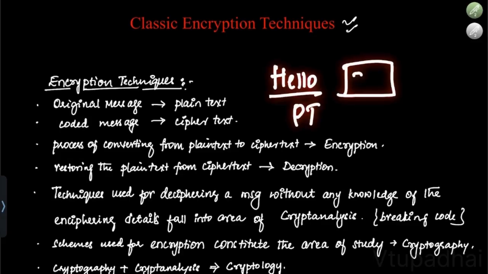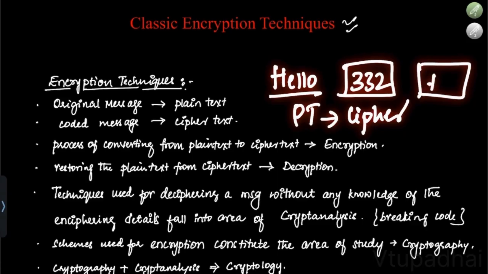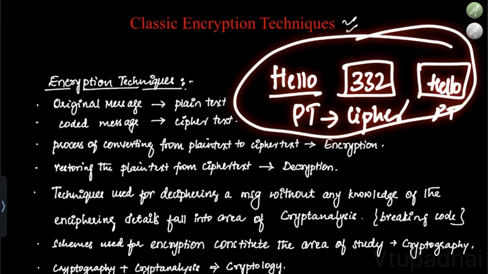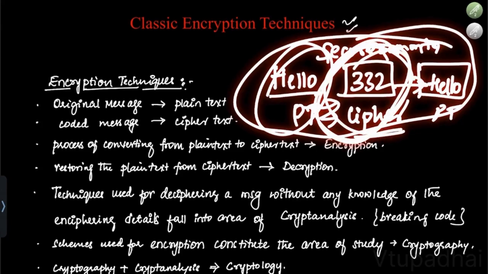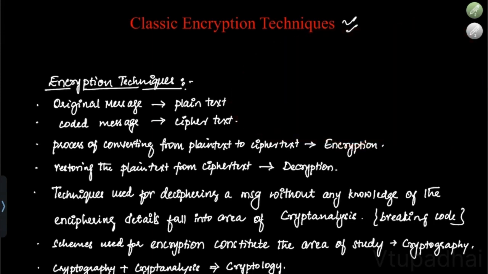If this is converted to 332, this is called cipher, which is coded. And further, if I get hello back, this is again plain text. This is how the entire secure communication process happens. Firstly you send the plain text, you encrypt it, and from the encrypted cipher we get back the plain text through the process of decryption. So this was about the original message and coded message, called plain text and ciphertext.